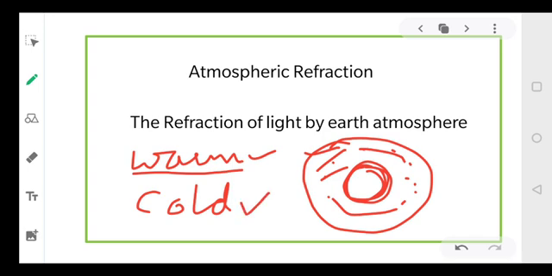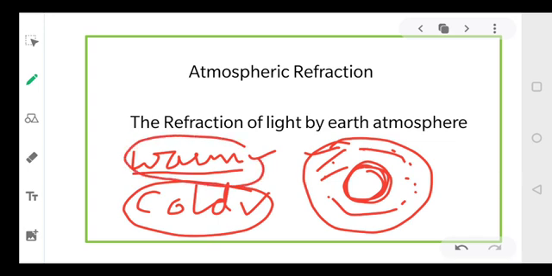And if the air is cool, if it is cold, then it will act as a denser medium and the speed of light will be less. So the air that is close to the surface of the Earth is always cold, while the air away from the Earth is always warm. So lighter air always rises up.